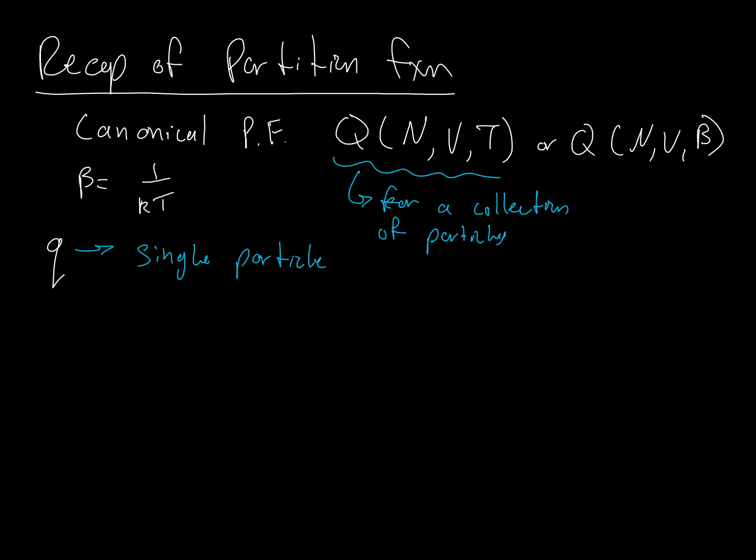Now remember, the partition function is essentially a function that classifies all of the possible configurations or states of the system. So in the case of an ideal monatomic gas, the ideal portion of this is really important because that means we're neglecting any interparticle interactions, which means we can treat every single particle as completely independent from every other particle.